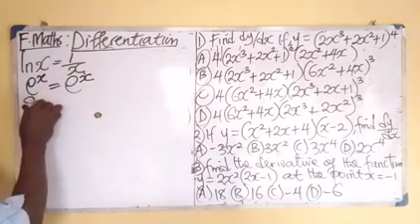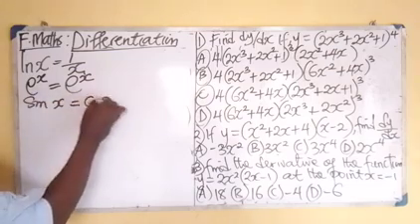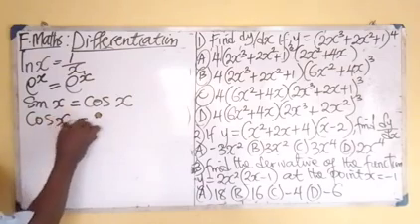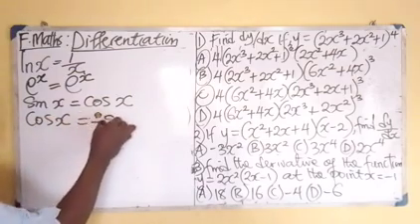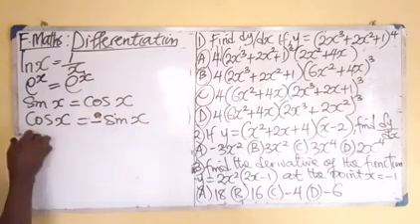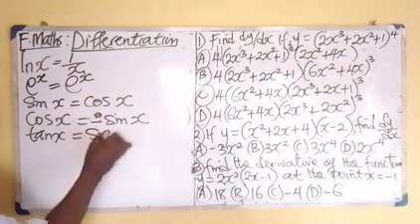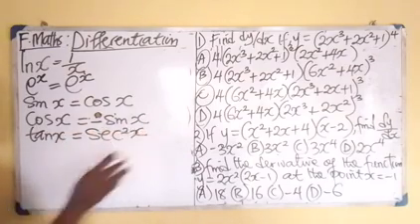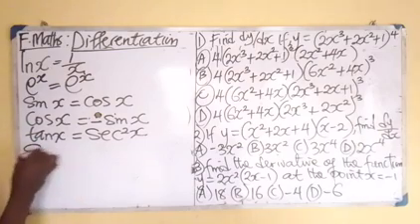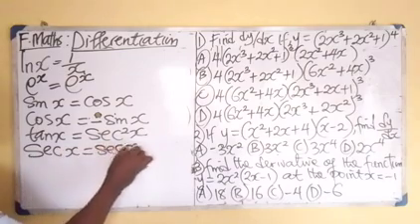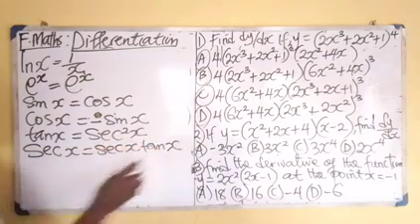If I differentiate sine x, I'll get cos x. If I differentiate cos x, I'll get minus sine x. If I differentiate tan x, I'll get sec squared x. If I differentiate sec x, I'll get sec x tan x.